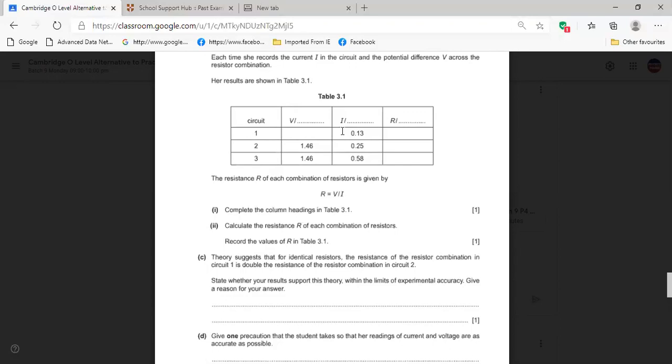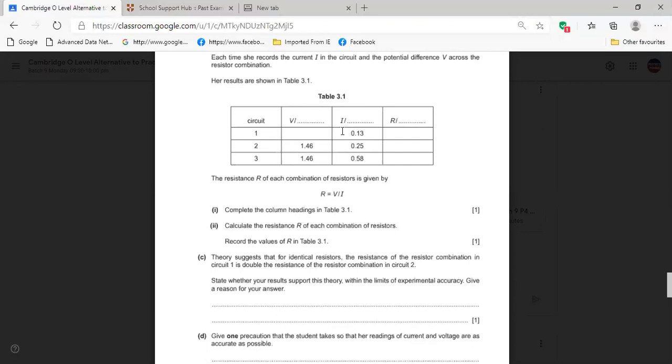So to avoid this error or minimize these problems, what should we do? We should keep the circuit disconnected while we are not taking readings. Or we can say, switch off the circuit between taking readings.